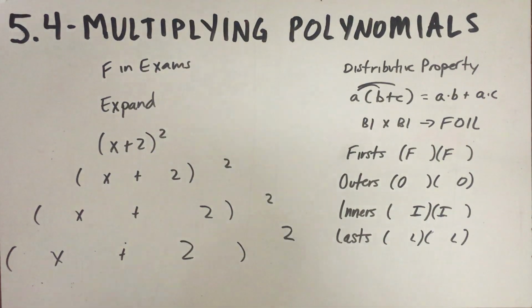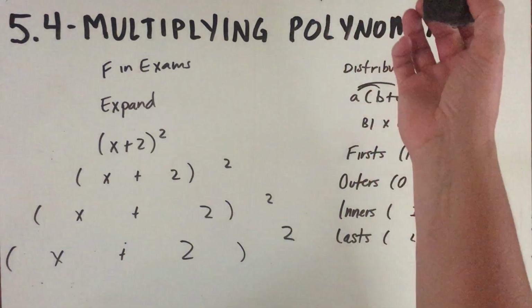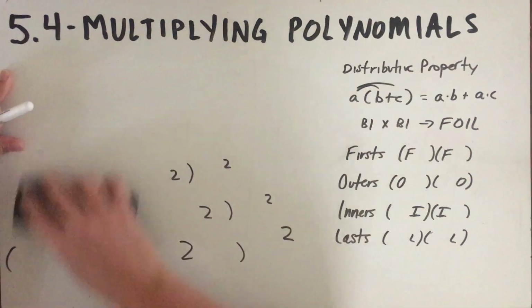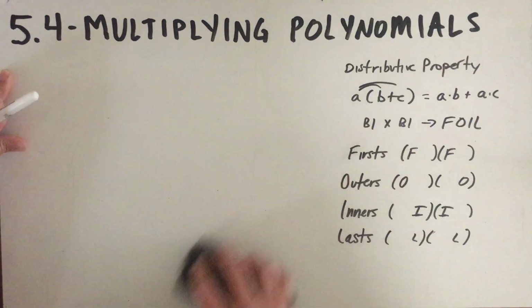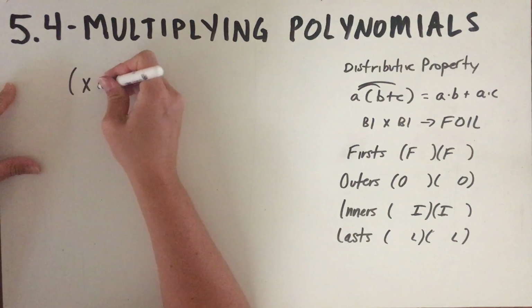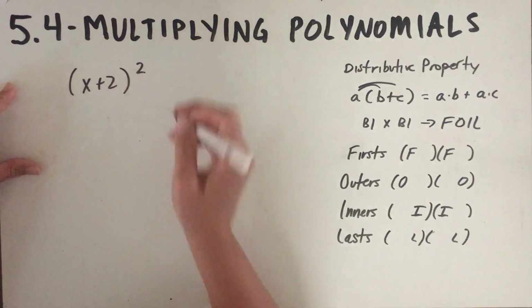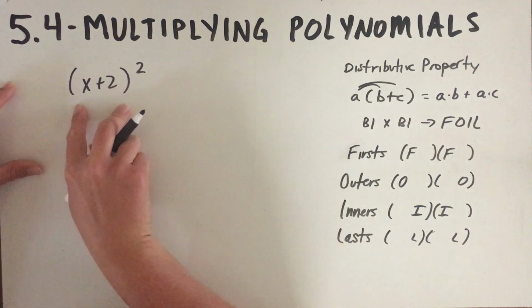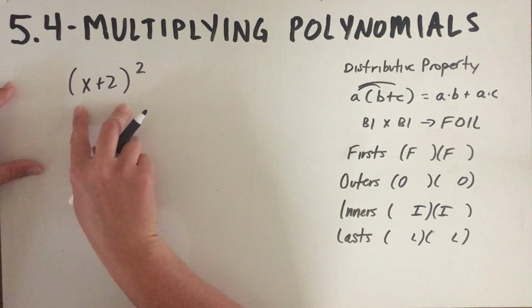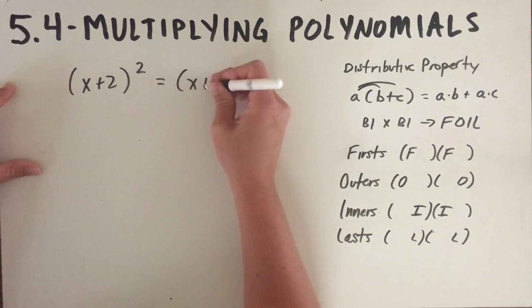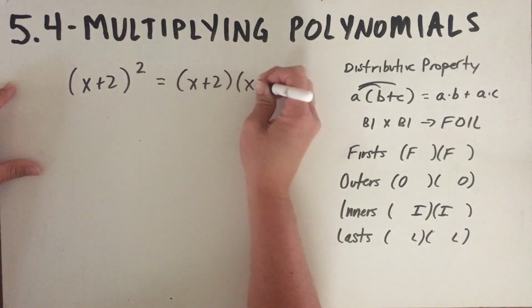Okay, so if I have two terms and they're squared, I mean, that is pretty funny, but if I have two terms and I want to square them, so I have x plus 2, and I want to square it. Well, remember that what this means is that the x plus 2 is my base, and I have it 2 times. It literally means that I have x plus 2 times x plus 2.